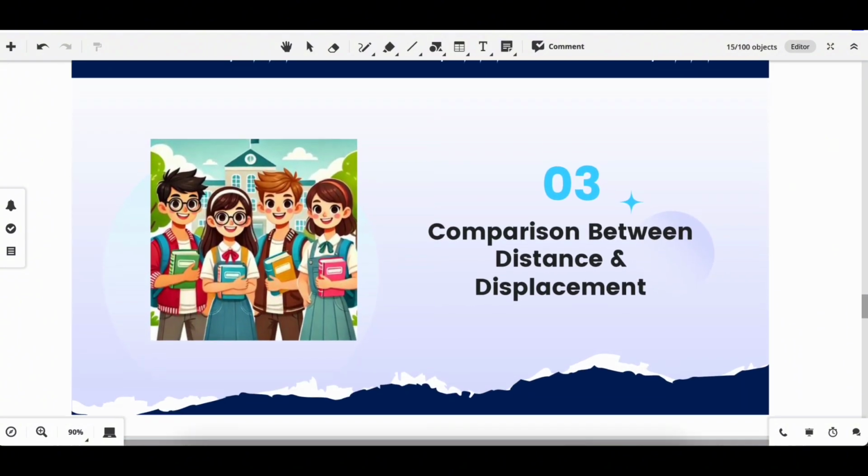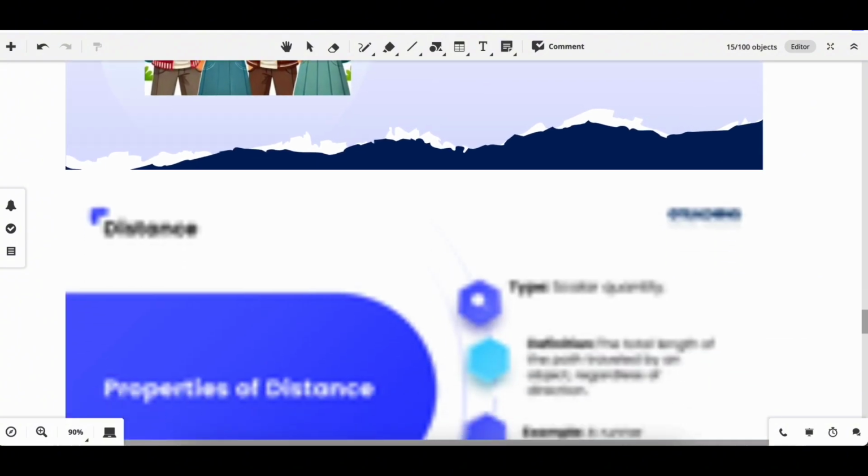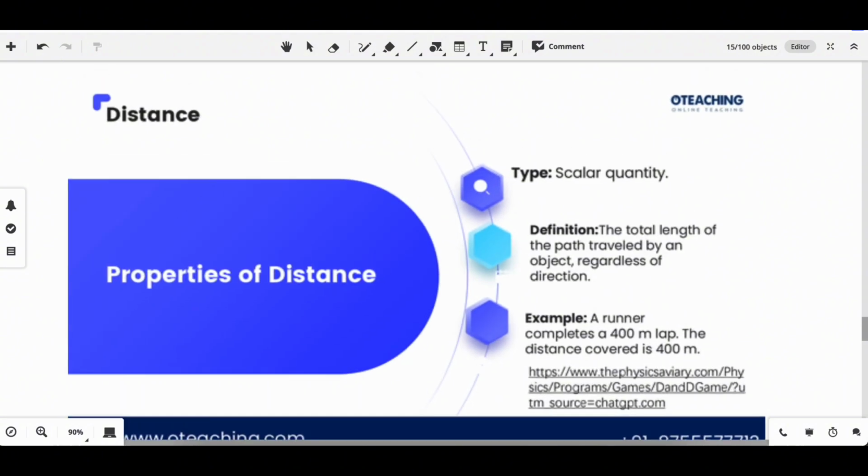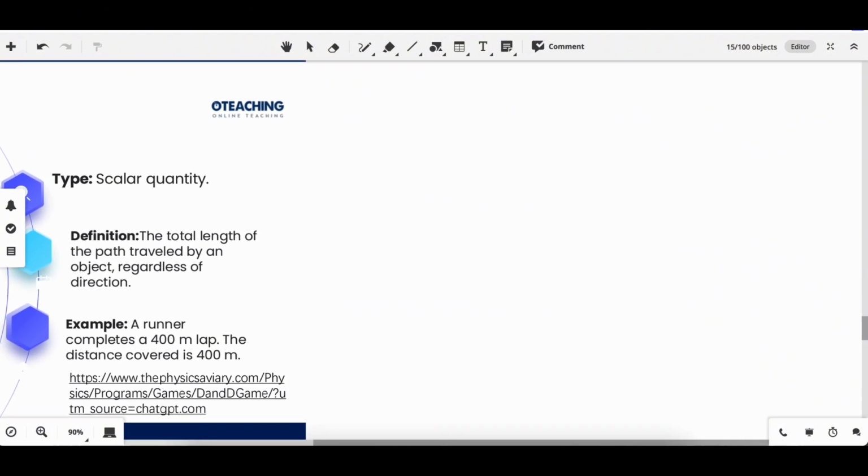Now the next thing that comes up here is the comparison between distance and displacement. Before we move here, let's talk very quickly about what distance is. Distance is the total length of the path traveled by a body.